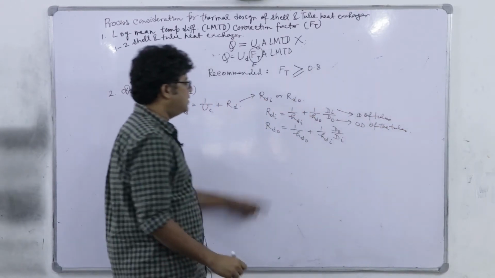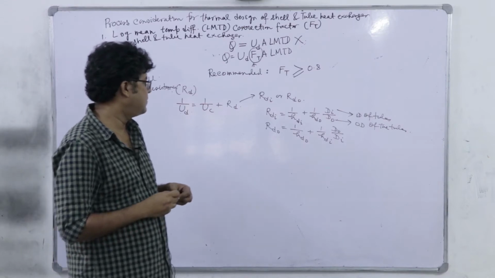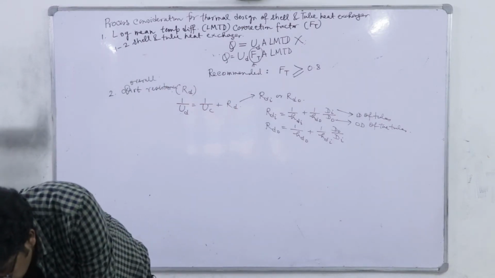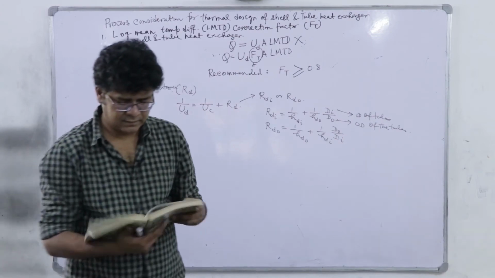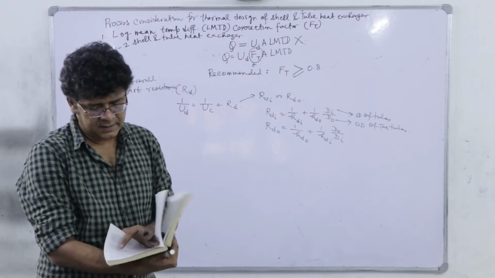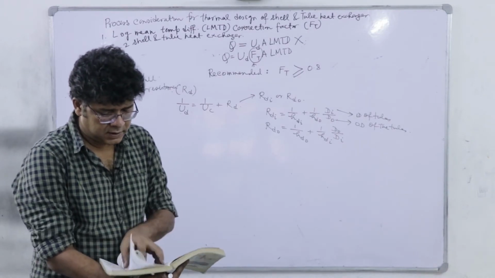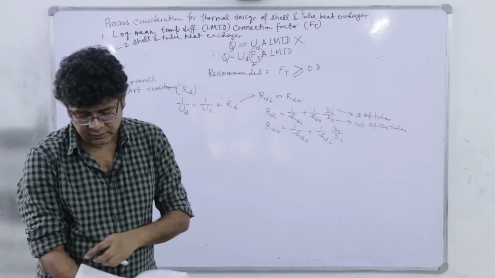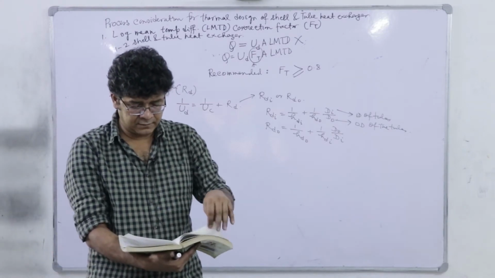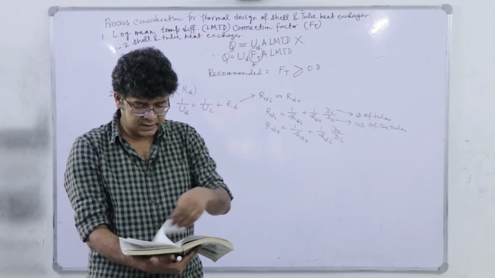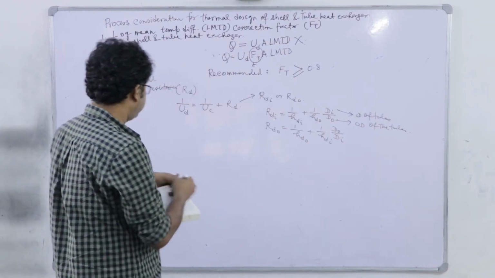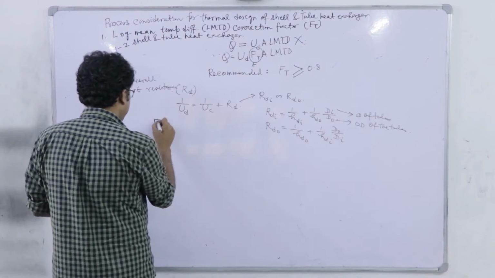Generally, Rd is given in lists in standard textbooks, like in the book Heat Transfer by BKD. Here we can have these Rd values for different types of liquids and gases, like fuel oil.